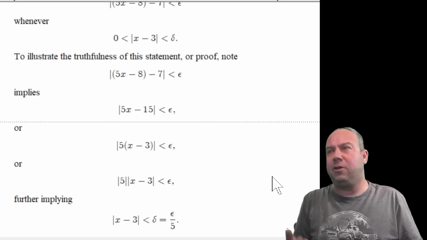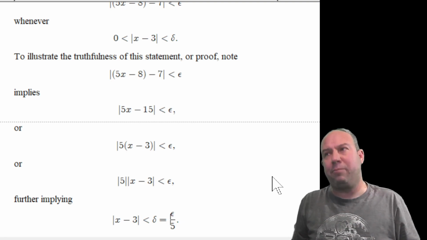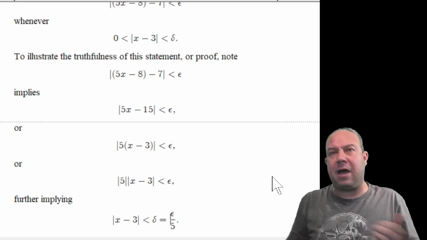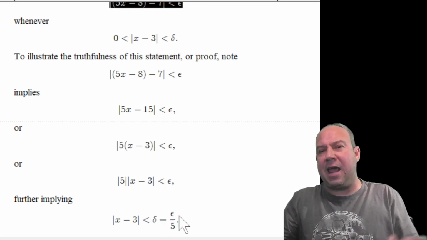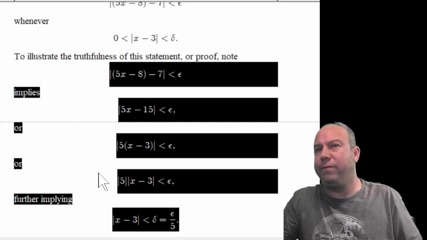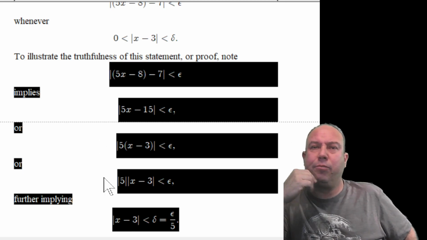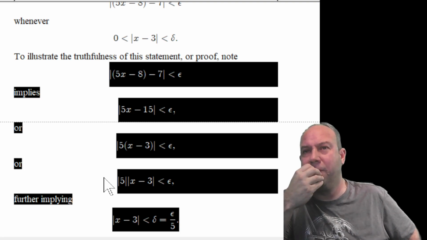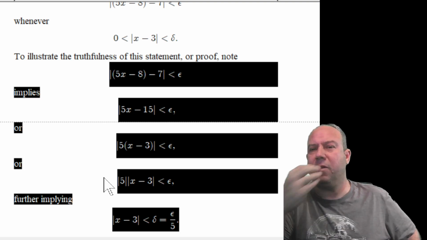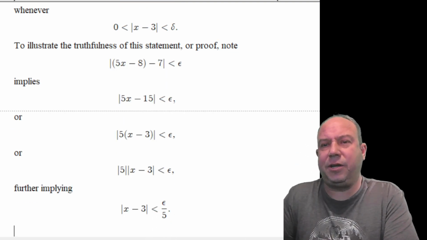That delta could be thought of as being epsilon divided by 5 in my proof to allow me to show that this will always imply this. And I have that proof, right, all worked out with this preliminary work done in my proof for the limit. All right. So I'm going to make that connection here.